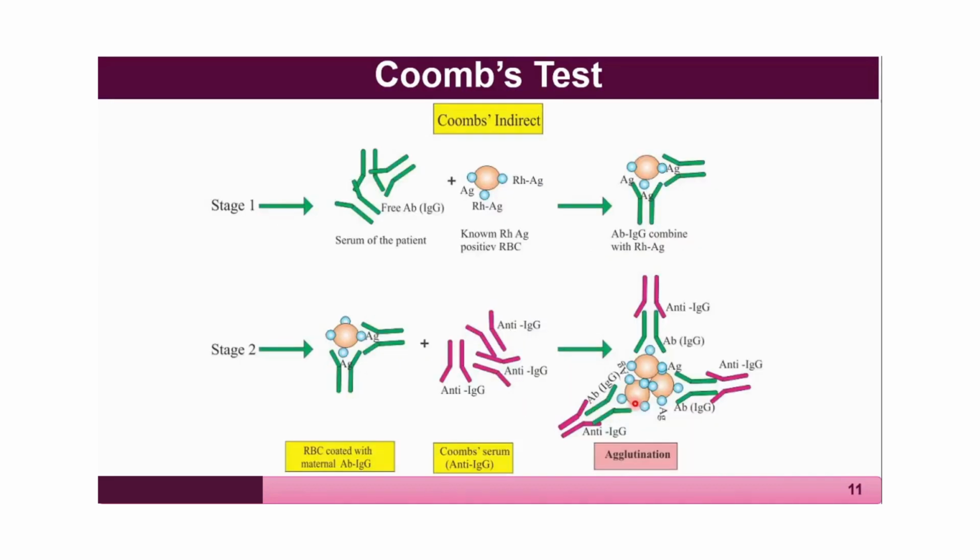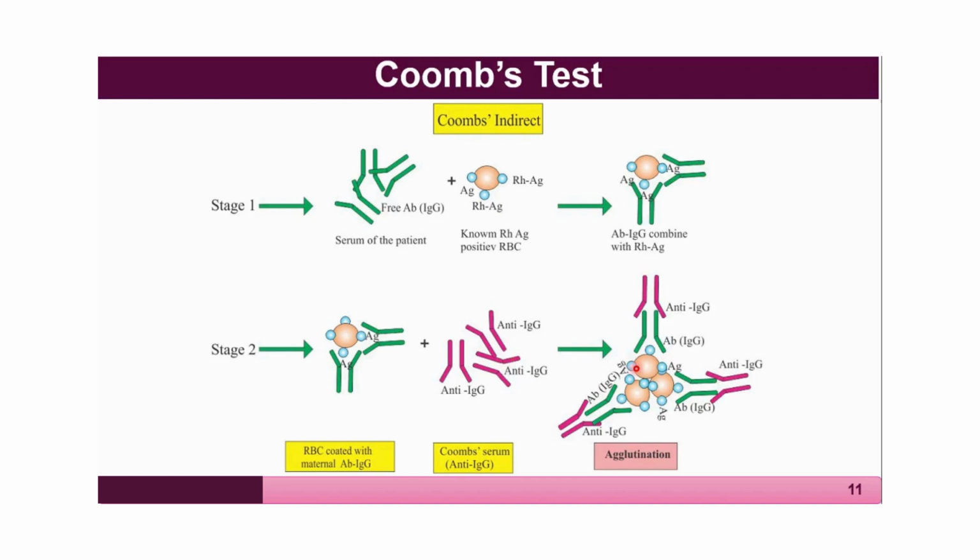Once again, it can be shown in a simplified manner as shown in this slide, where the serum of the patient, which refers to the Rh negative mother, is added to the Rh positive RBCs, which get readily bound by the mother's Rh antibodies, and to that you are adding anti-human IgG, which is nothing but anti-Rh antibody, which causes intense agglutination.